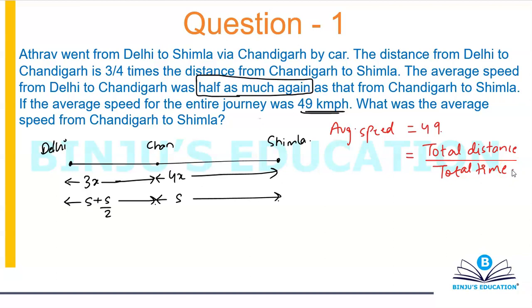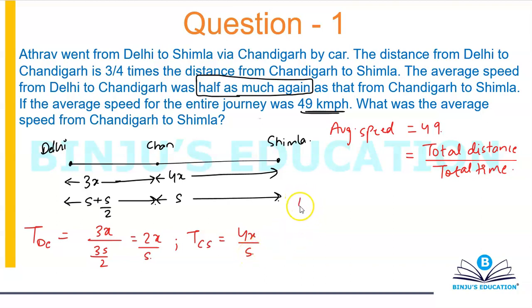That's the total time which I need to calculate. So time taken in going from Delhi to Chandigarh will be 3x divided by 3S by 2, which will simply be 2x by S. And time taken in going from Chandigarh to Shimla will be 4x divided by S.